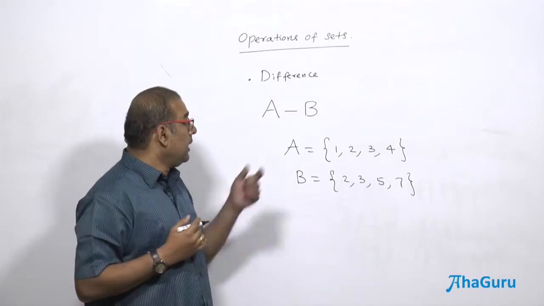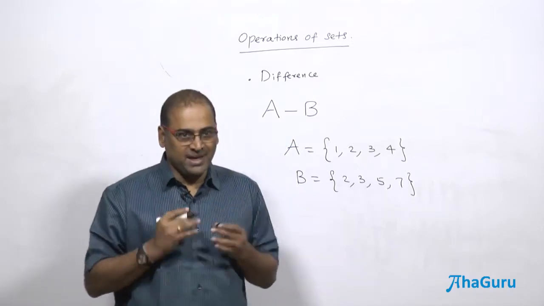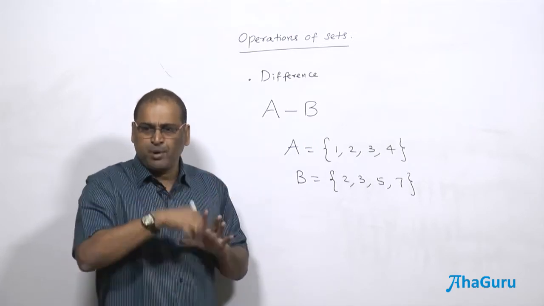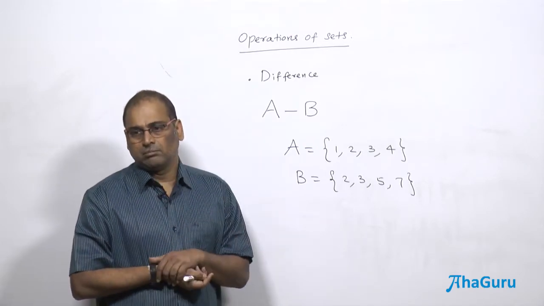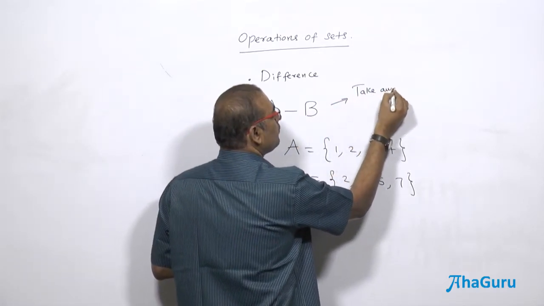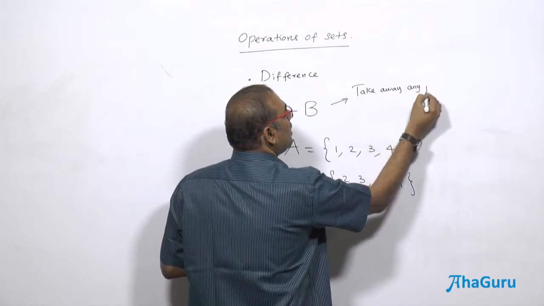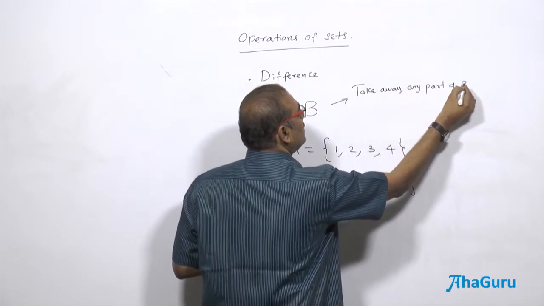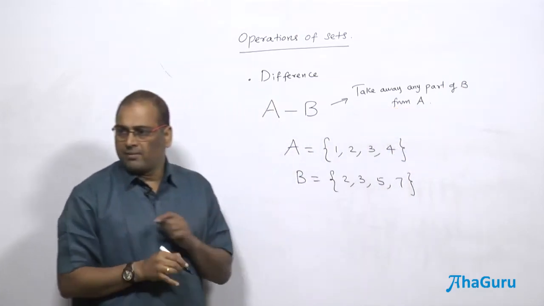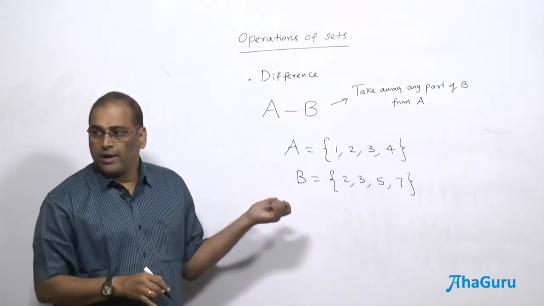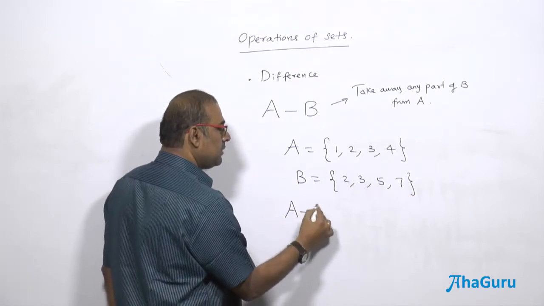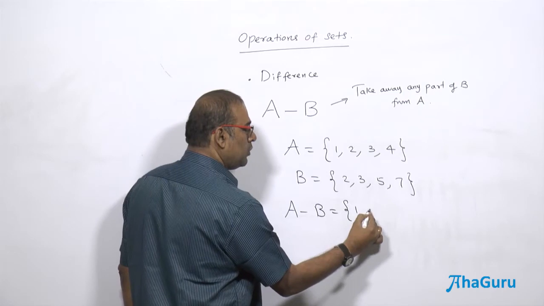It's not like taking away the entire B from A. The meaning is, take away any part of B present in A. If there is no part, then you don't take anything. That means you take only 2 and 3. So what will A minus B be then? 1 and 4.